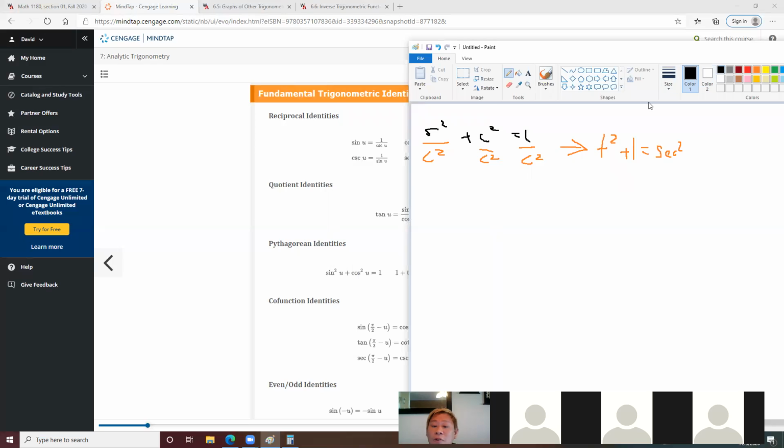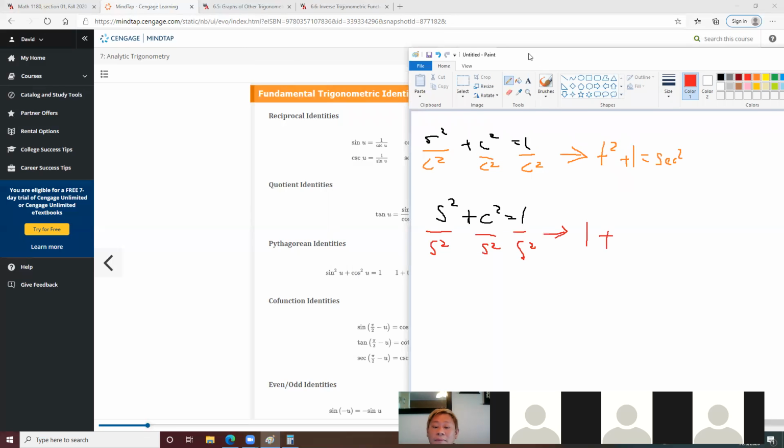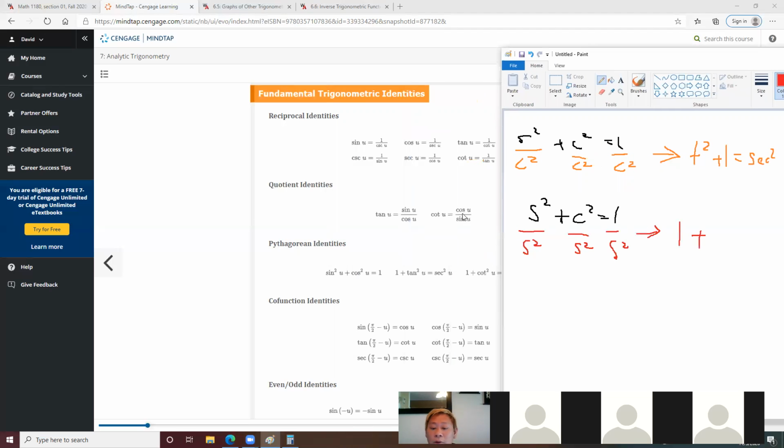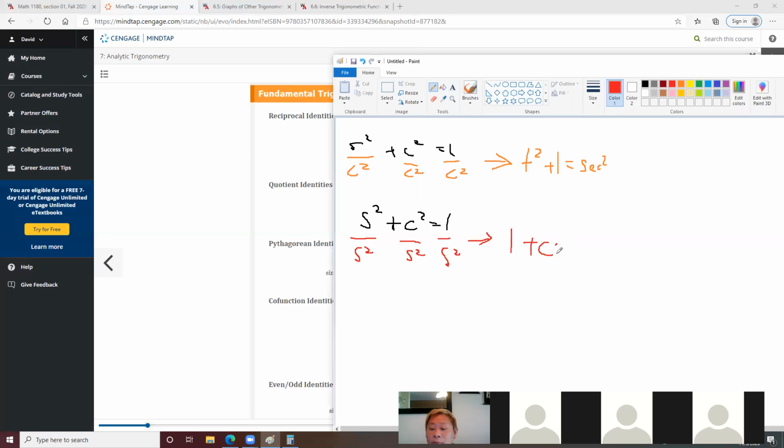And if you use the same Pythagorean identity, but instead of cosine you divide by sine, what do you get? Sine squared over sine squared is 1. What is cosine over sine? Cosine over sine is cotangent, so cotangent squared, because it's squared over there.